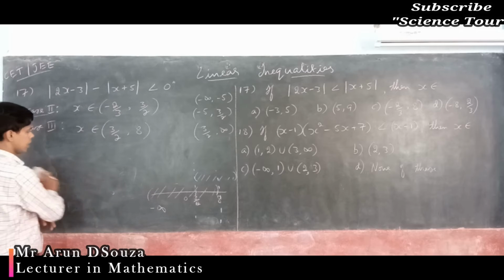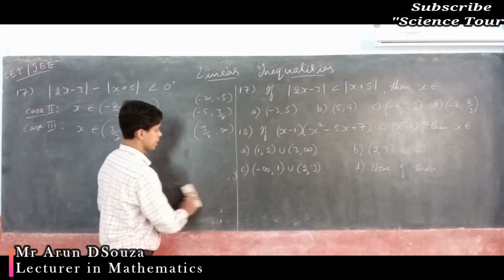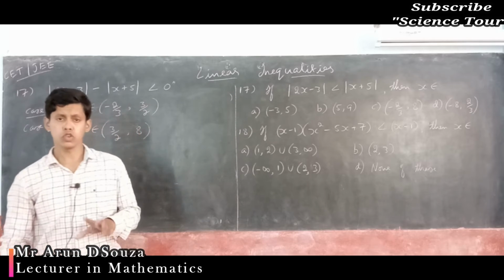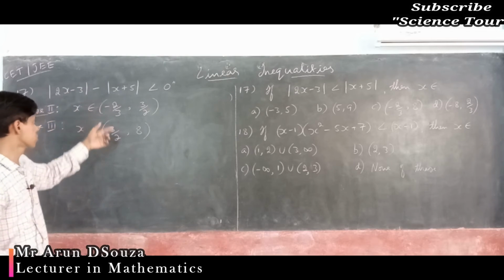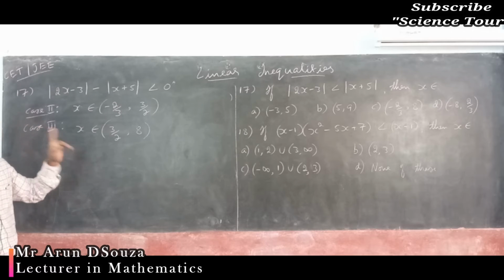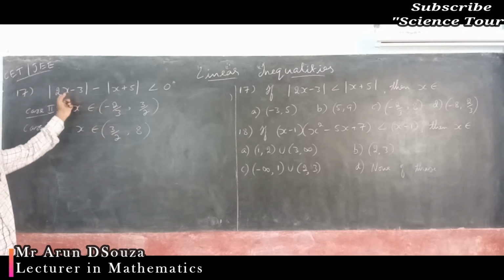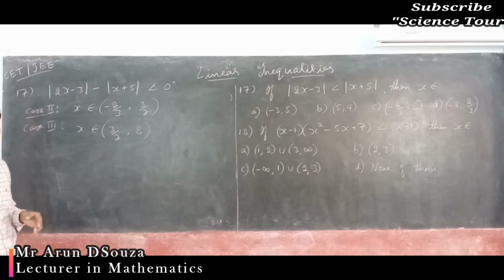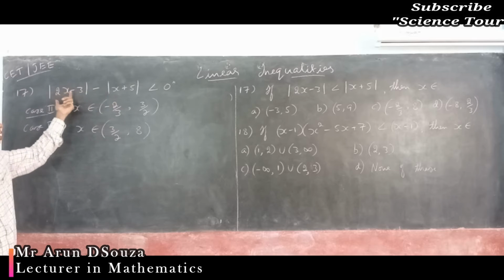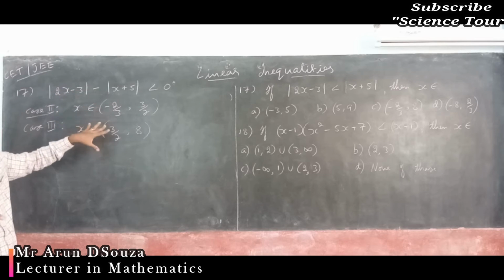Now we have to combine all these solutions. First case no solution, second case we got a solution, third case we got a solution. Now we must find the value of x which satisfies both the things. Both quantities within the modulus must be satisfied.